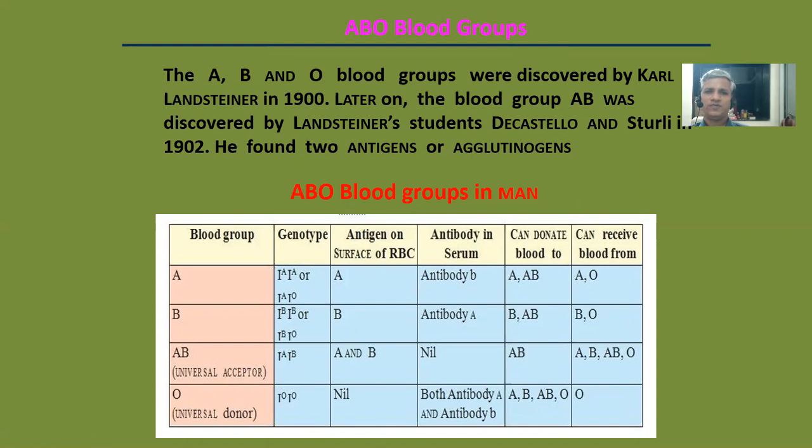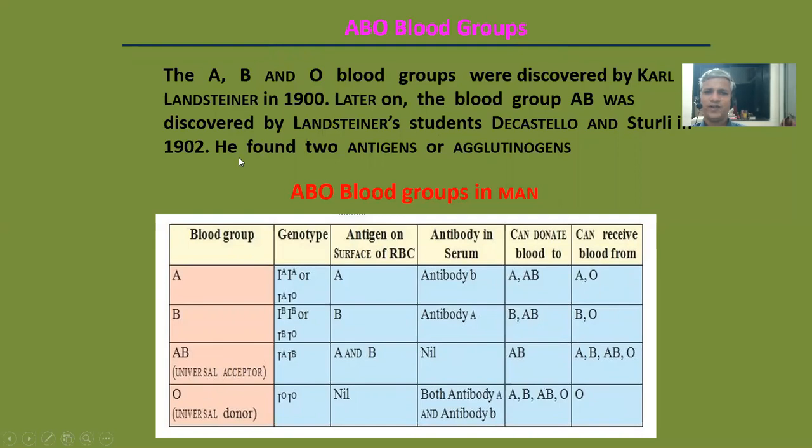The ABO blood group system: the A, B, and O blood groups were discovered by Karl Landsteiner in 1900. The blood group AB was discovered by Landsteiner's students De Castillo in 1902.